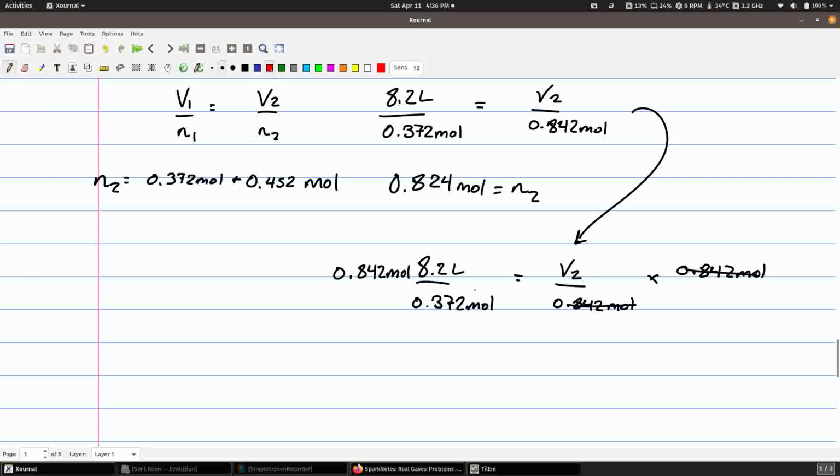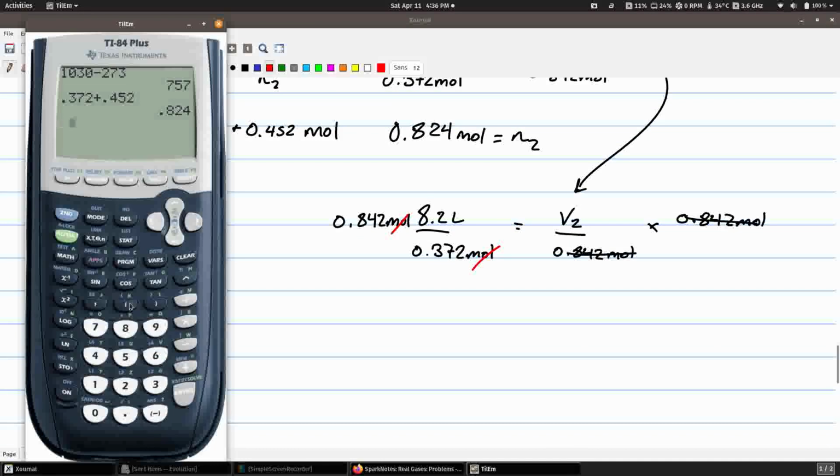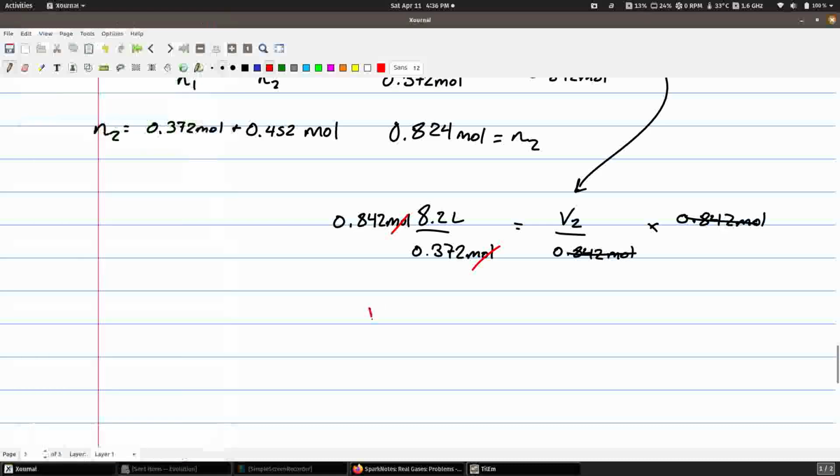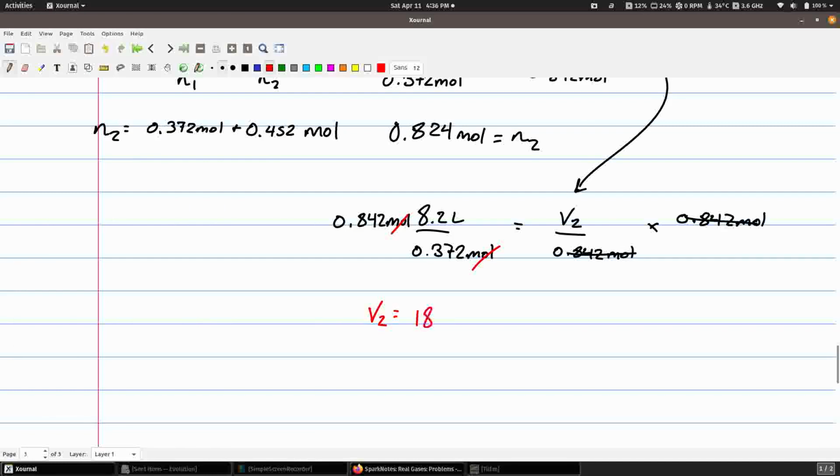Conveniently, this cancels the moles out, and we're left with liters. So let's plug it in the calculator. Volume 2 equals about 18.56, so 18.6 liters. And that's how you would solve a problem with Avogadro's law.